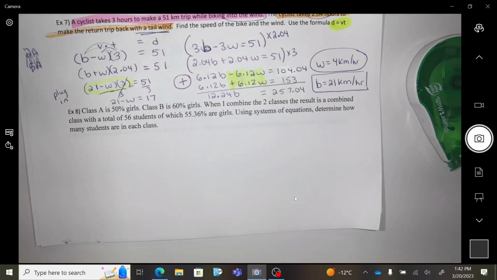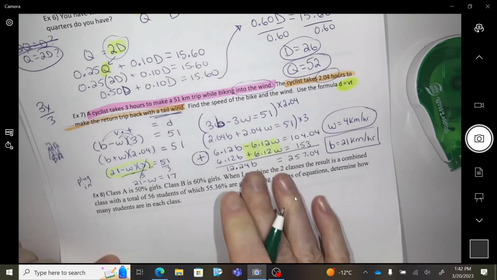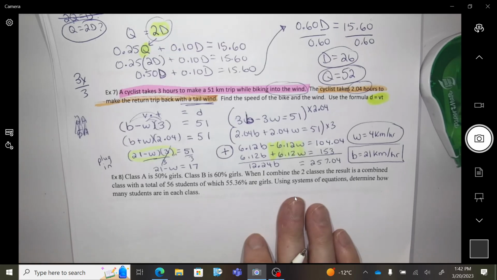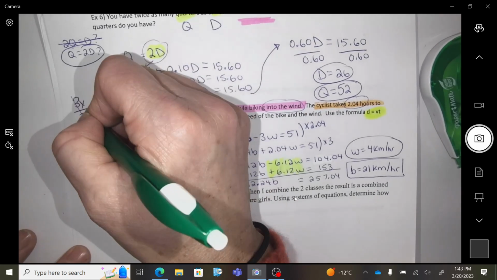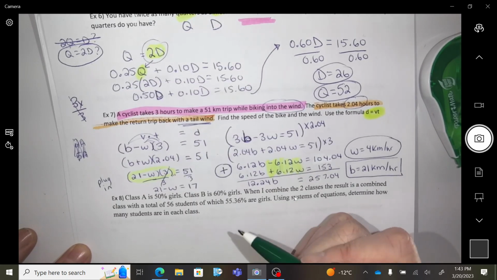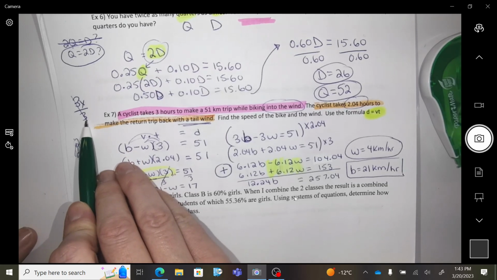It'd be like me doing 3x divided by 3. I don't divide the 3 and the x each by 3, I just say 3x divided by 3. That's the same idea, because you're multiplying 2 things and dividing by 3.